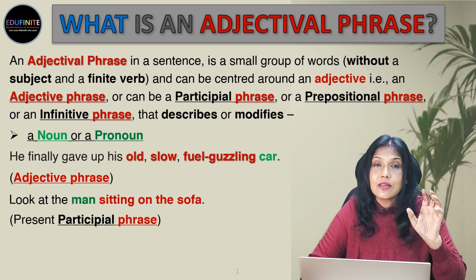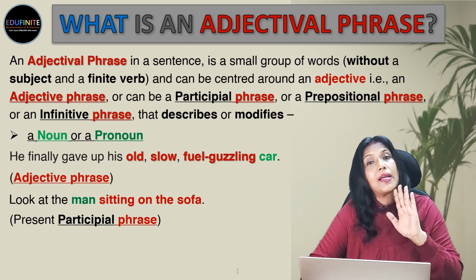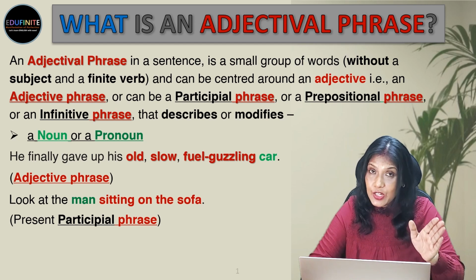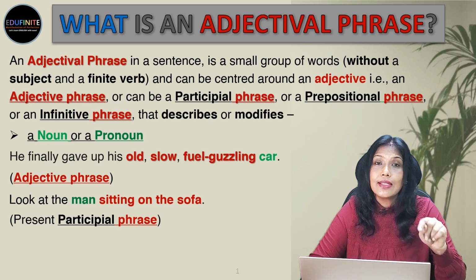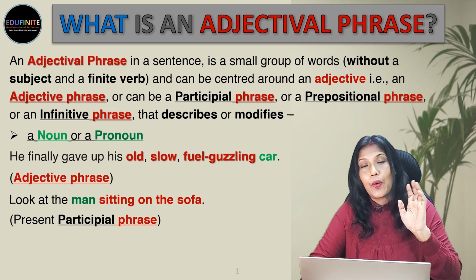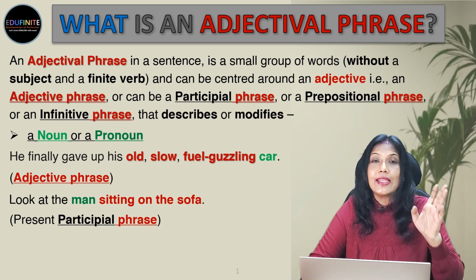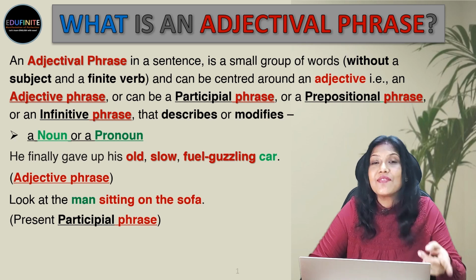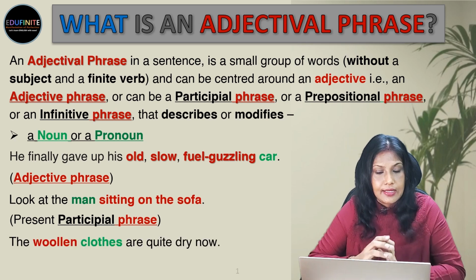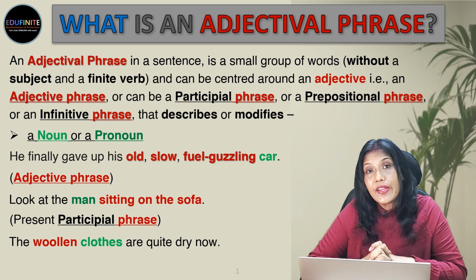Since this is a participial phrase, but it plays the role of an adjective, that means it is modifying the noun man. So this is an adjectival. Now I think you've understood that all adjectivals can never be an adjective, but adjectives are adjectives. The next sentence. The woolen clothes are quite dry now.